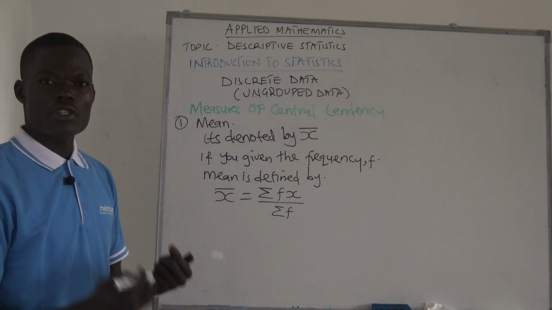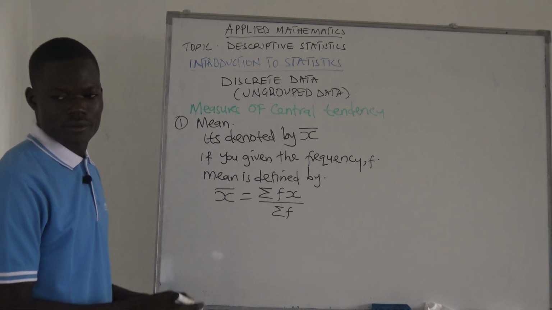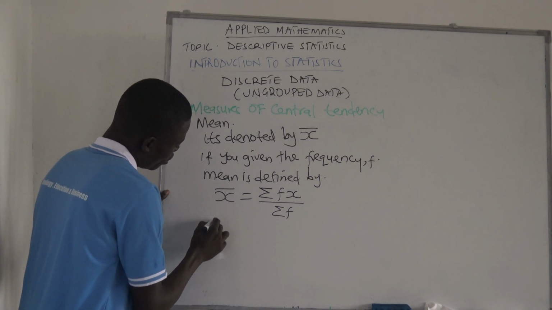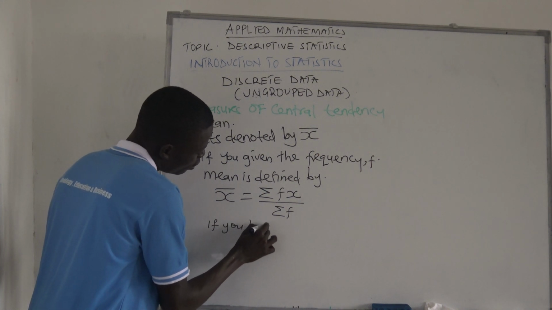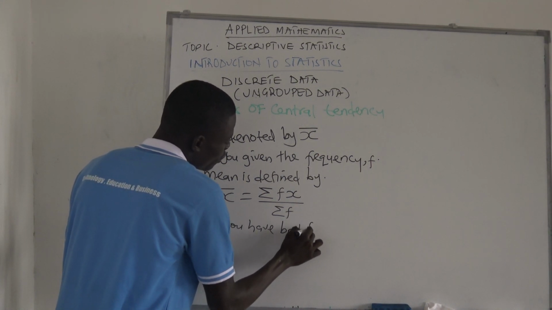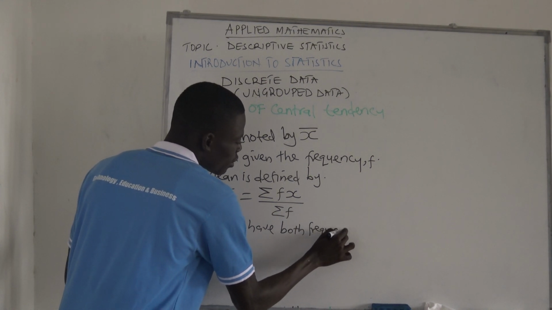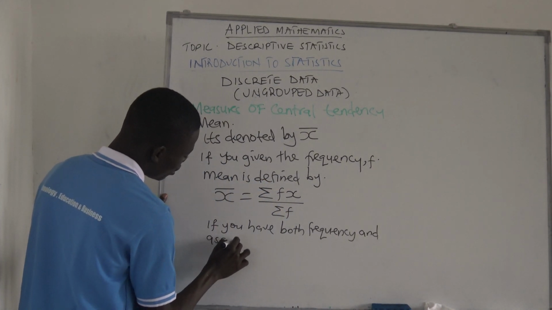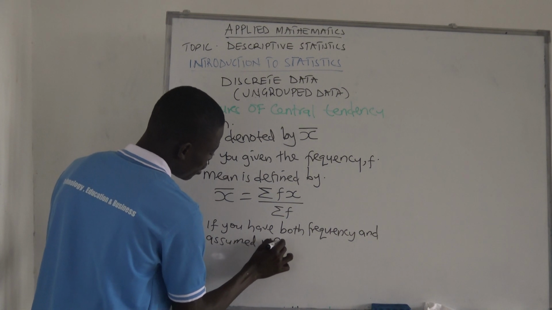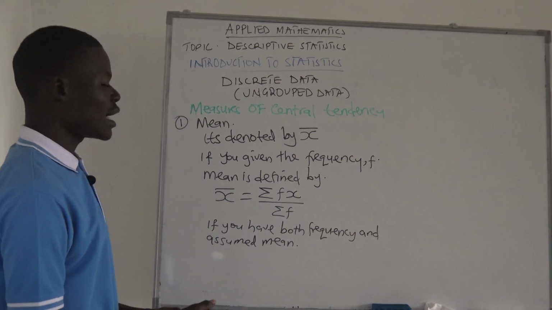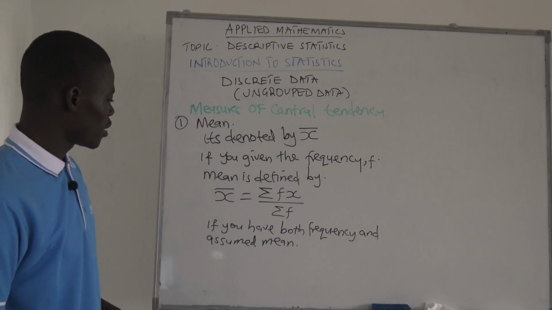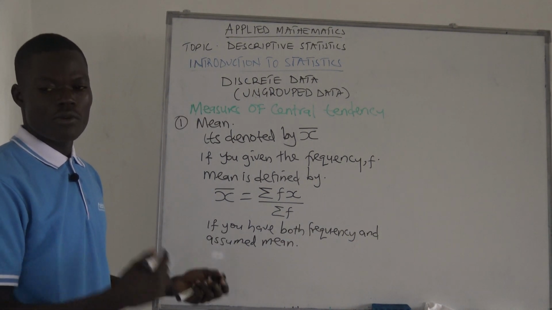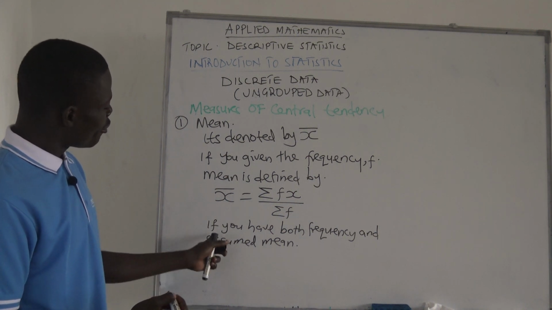And also if you have both frequency and the assumed mean, we say the assumed mean is A and frequency is F. So how do we define our mean?